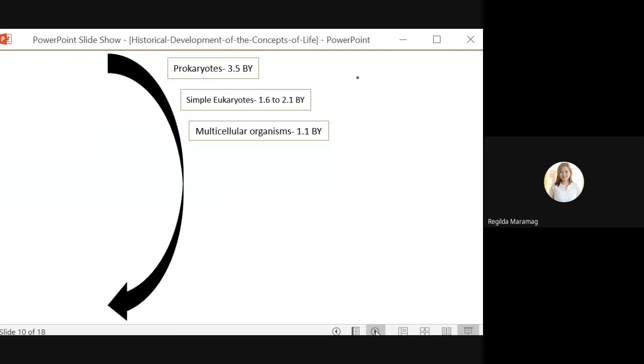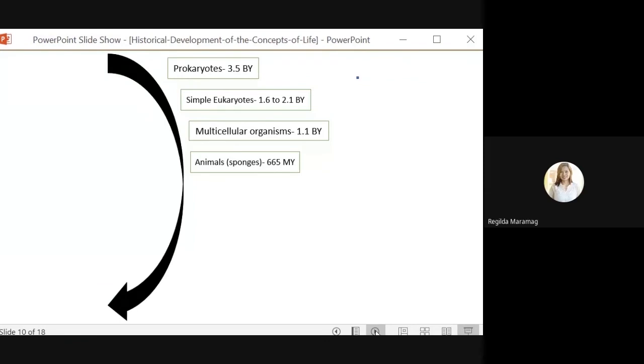Okay. So it was followed by animals, particularly the sponges. 665 million years ago. So after sponges, it was followed by Cheska. Ma'am, Charnia po. 560 million years ago.